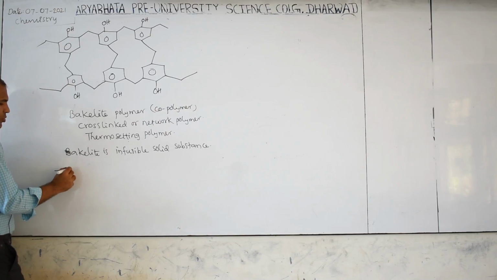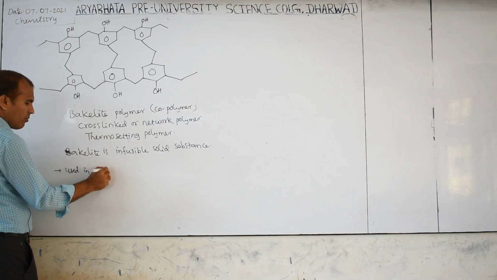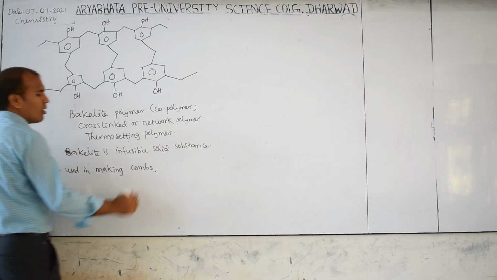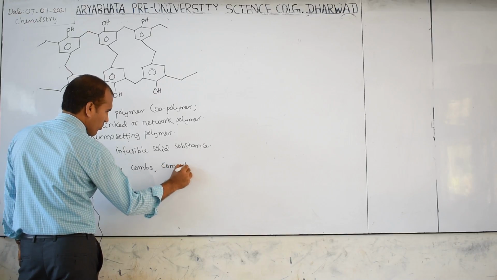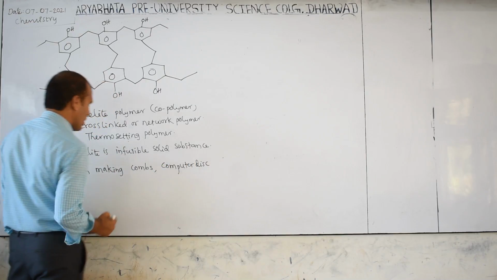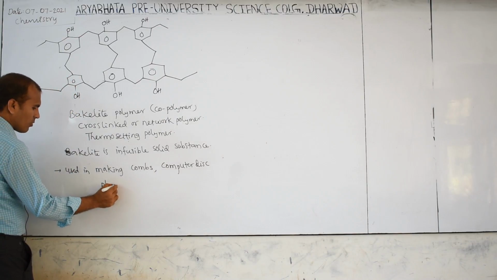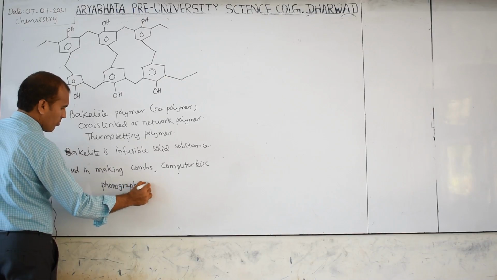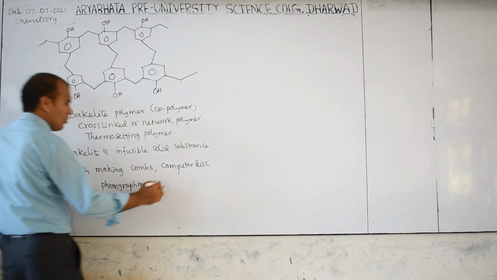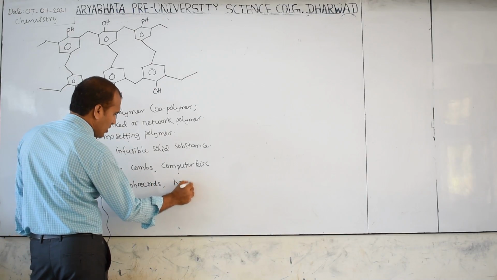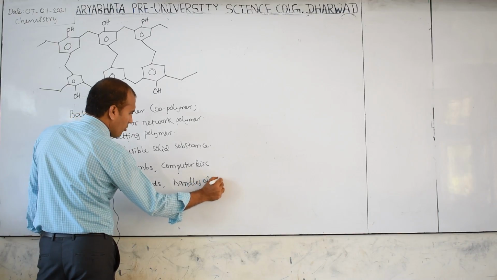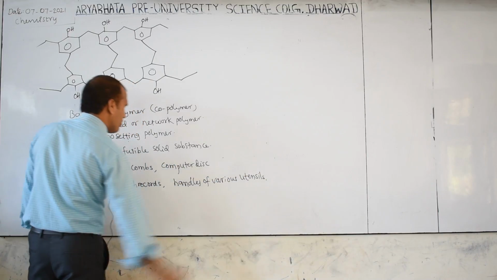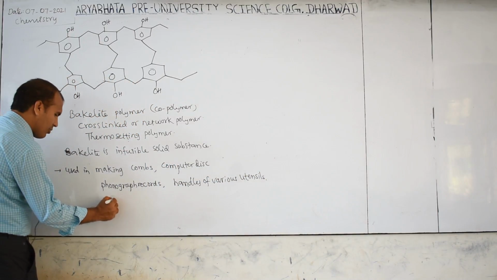It is used in making combs, computer disks, phonograph records, handles of various utensils, and electrical switches.